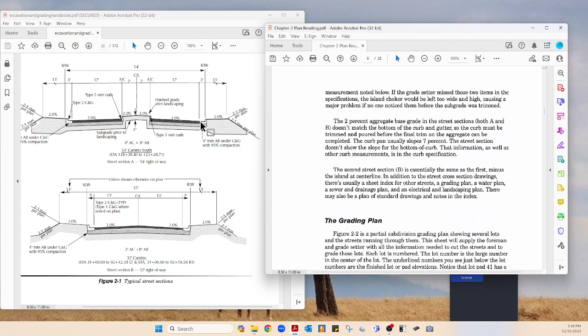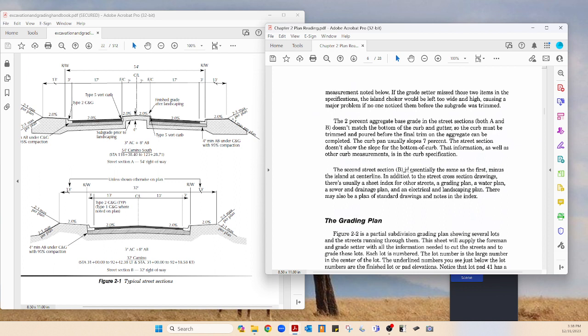The pan is this little area right in here. That little slope right there is 7%. The street section doesn't show the slope for the bottom of the curb. That information, as well as other curb measurements, is in the curb specs.